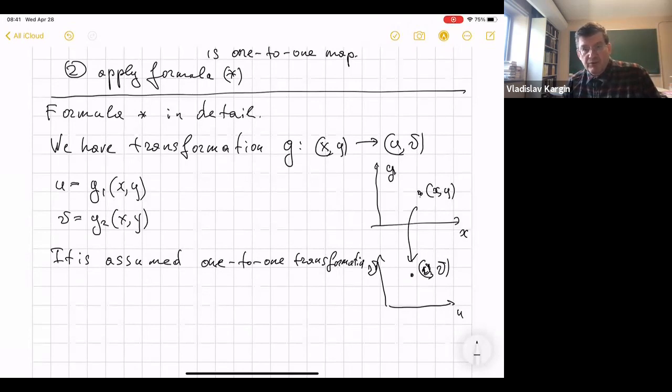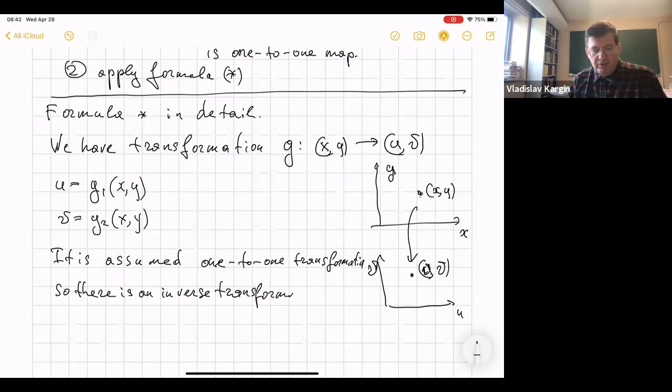So there is an inverse transformation. We called the inverse transformation g to the power of -1 before. Let us call it h here.